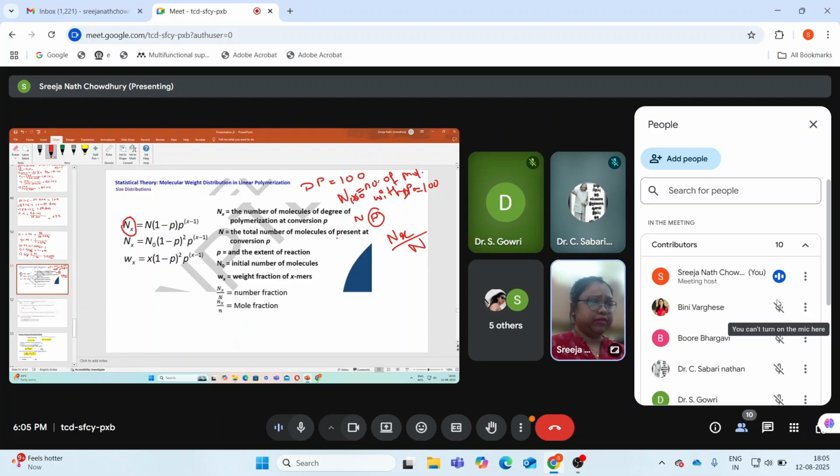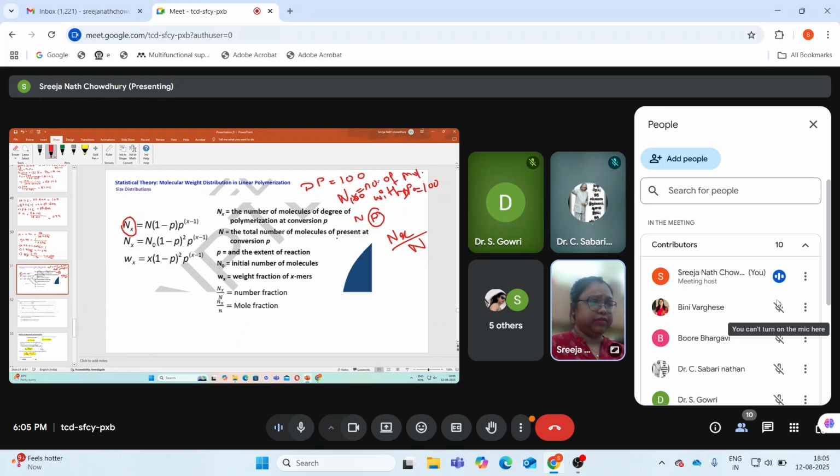Here we have to calculate the weight percent of the following species at 99% conversion, and the mole percent of the monomer. So first we have to calculate the weight percent.